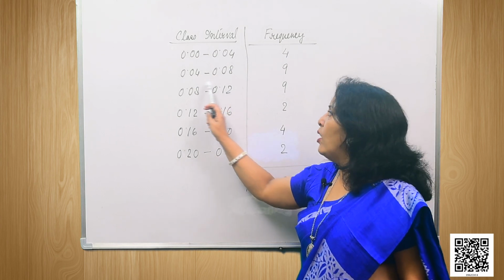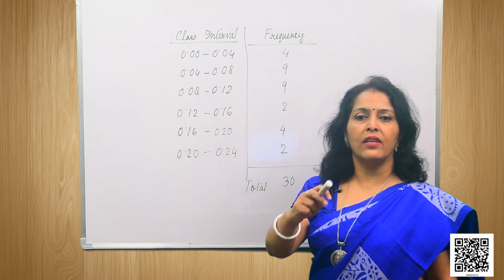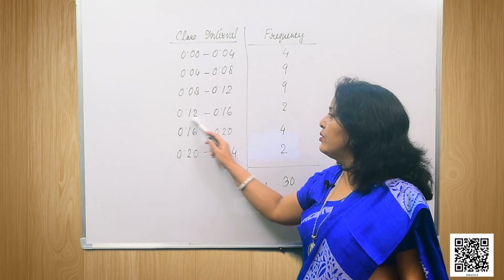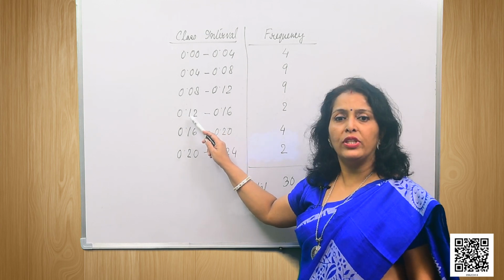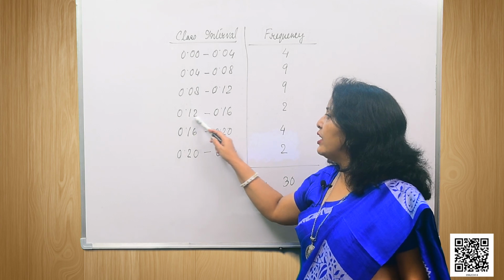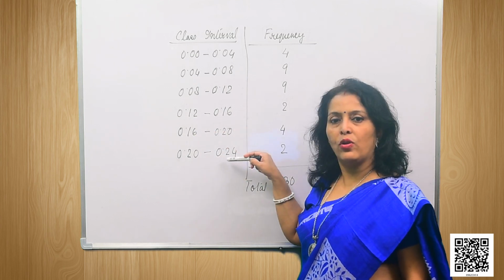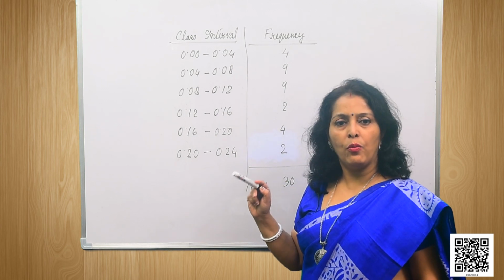Only 0.11 will be included here, but we want the sulfur dioxide to be more than 0.11. So we come to this group, and we will include this class, that one also, and the last one also, because all three are more than 0.11.